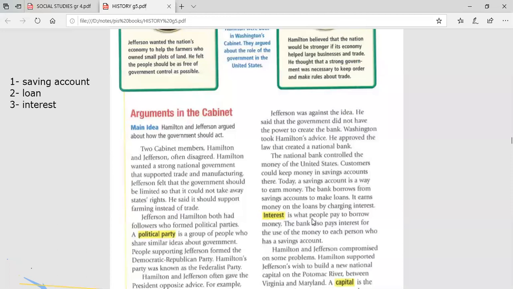And then the bank takes part of the interest for itself, and the second part goes to the ones who have savings accounts, okay? So look, the bank pays interest for the use of the money to each person who has a savings account.